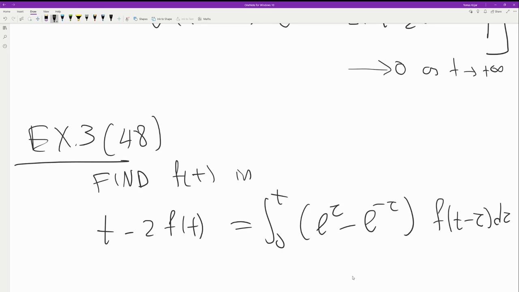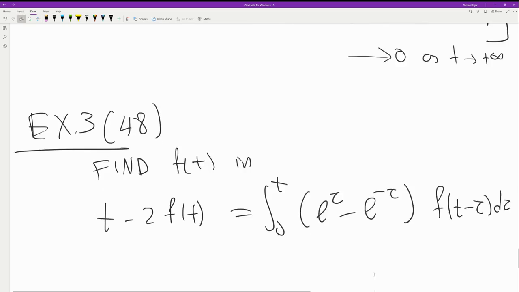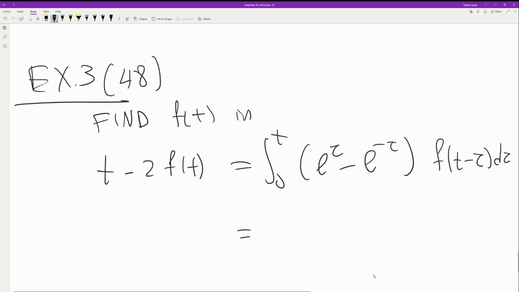Okay, so this is the convolution of e to the t with f.